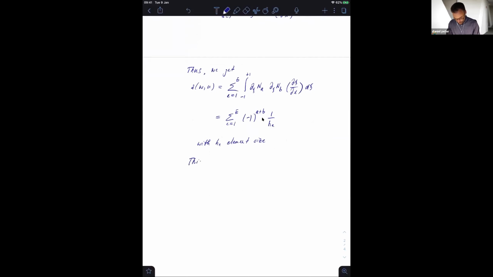And so what do we get now for these local contributions? So we can write now the local stiffness contribution for element E is this matrix, 1 over the element size, HE, and the matrix looks like that.